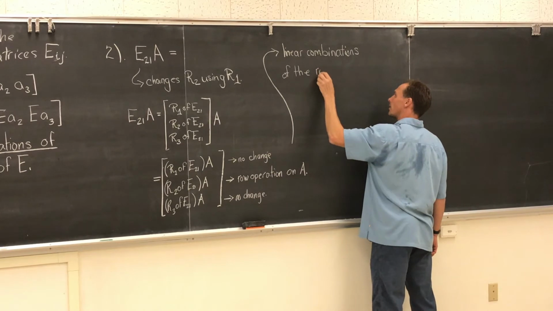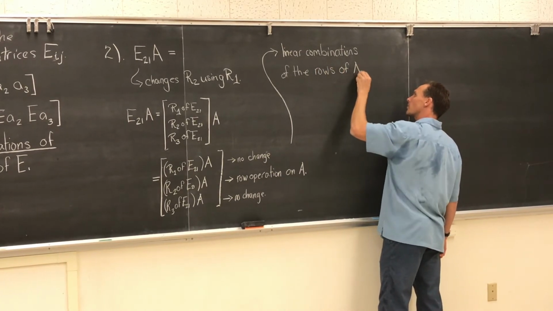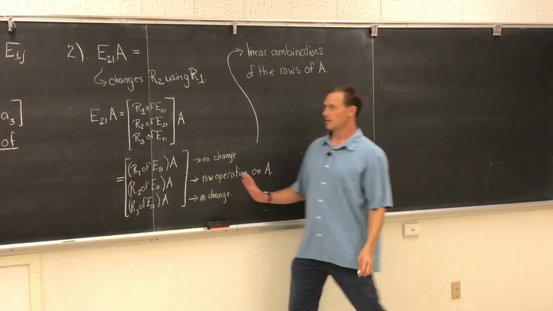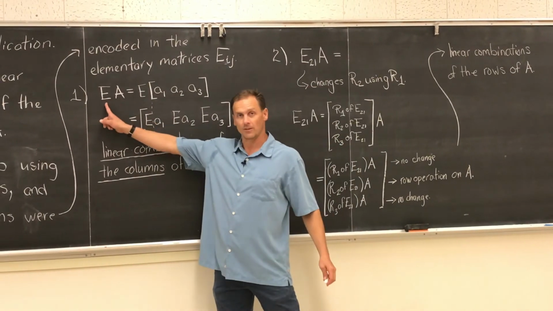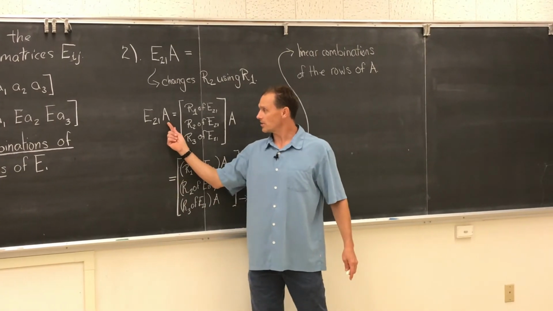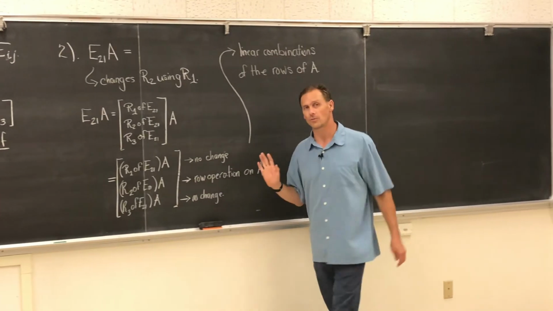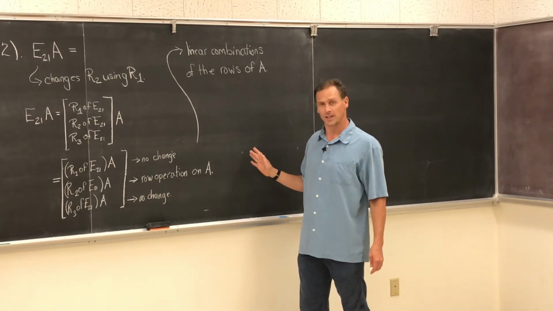This is the key part: the rows of A. Okay? So, one way to think of it is linear combinations of the columns of the left matrix, or you can think of it as linear combinations of the rows of the second matrix. Okay? So there's two ways now that we can think about multiplication.